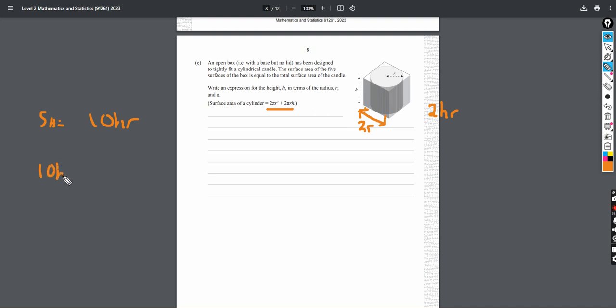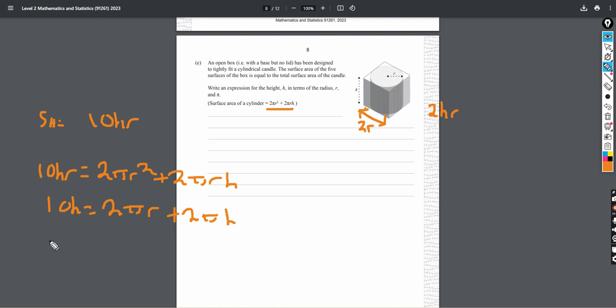Okay, so therefore 10hr is equal to 2 pi r squared plus 2 pi r h. Dividing everything through by r, we're going to get 10h is equal to 2 pi r plus 2 pi h.